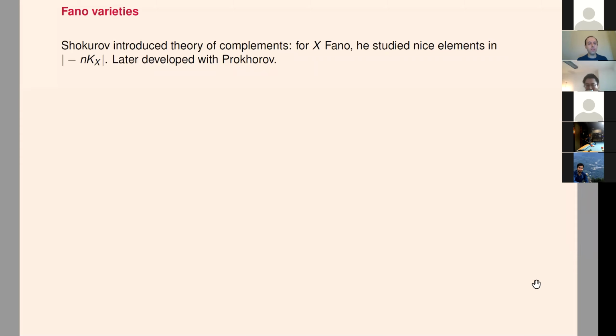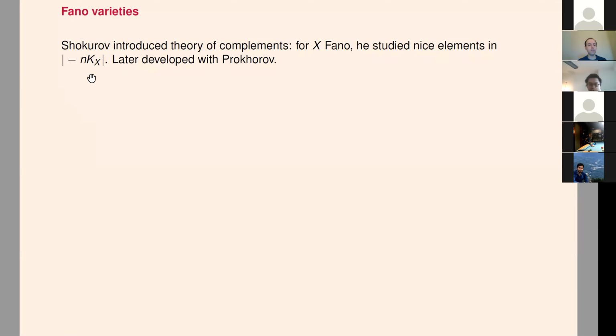Okay, so as I mentioned, Shokurov introduced the theory of complements many years later, almost 20 years later, after his result about minus K on threefolds. So what this is about: you take a Fano variety X, and then you study the linear system minus nK. Just by looking at minus K, you may not get much. But if you look at the multiples of minus K, then you get a much better picture.